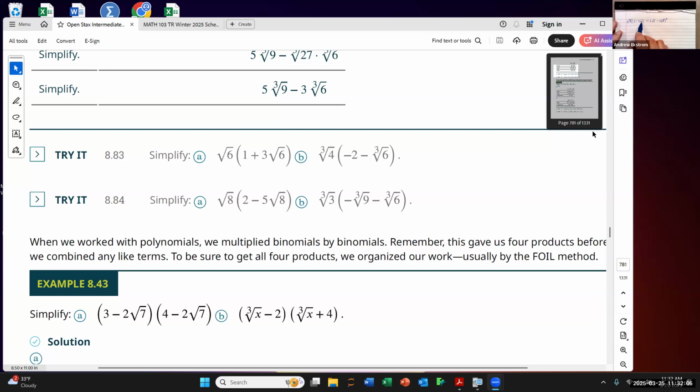Square root of 8 times square root of 8. So we look to this, we get to rewrite it. It's 2 times the root of 4 times 2 minus 5 square root of 8 squared. It's going to be 8. 5 times 8, it's going to be 40.